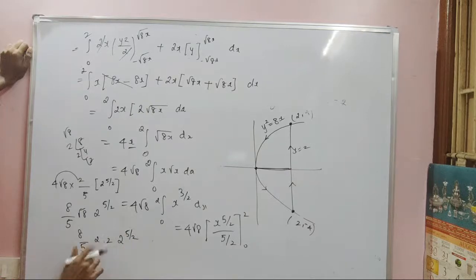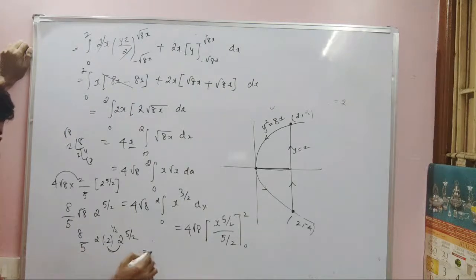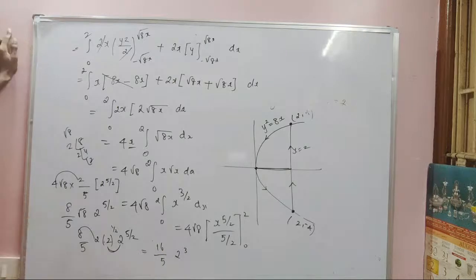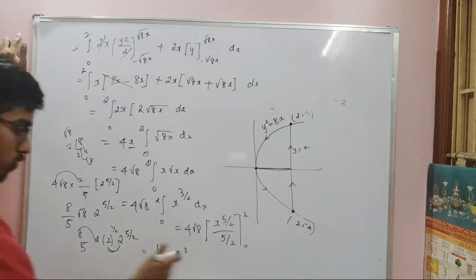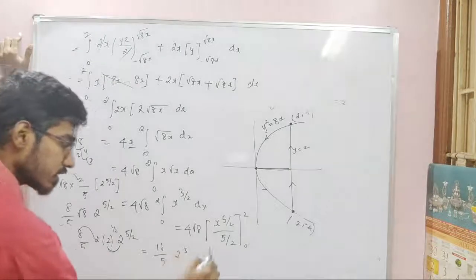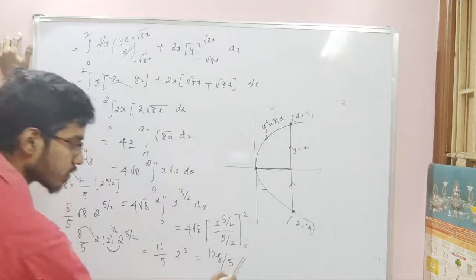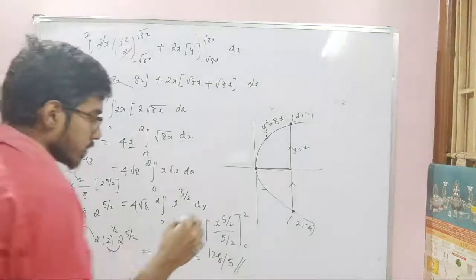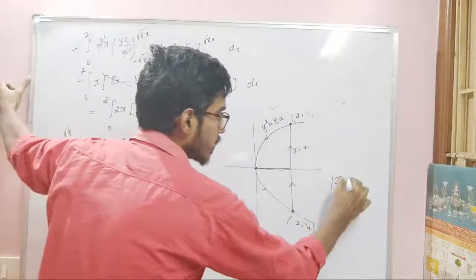Root 8 will be 2 root 2, and I can write root 2 as 2 power 1 by 2. Now I can multiply these two terms, so we have 16 by 5, since 8 twos are 16, times 2 power 1 by 2 and 2 power 5 by 2. This is nothing but 2 power 3, because 2 power 6 by 2 is 2 power 3, which is 8. 8 into 16 is 128 by 5. So 128 by 5 is the value of the double integral over R of (∂N/∂x − ∂M/∂y) dy dx.